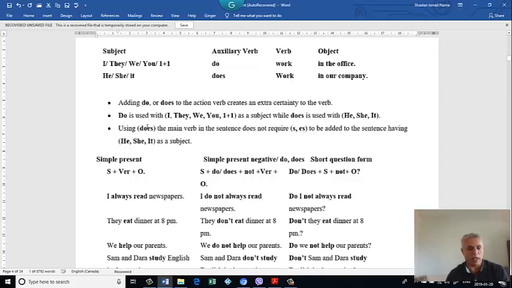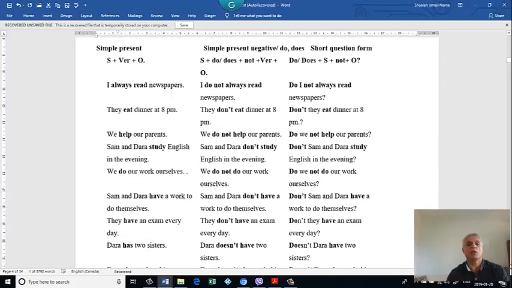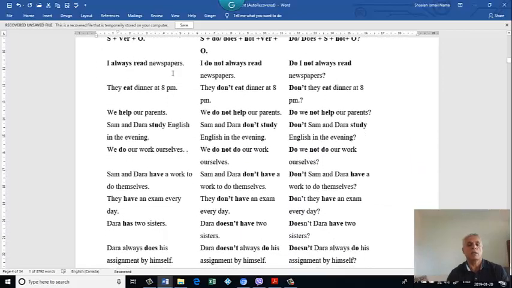If we use does as an auxiliary verb, then we don't need to add s or es to the main verb. For example, if you look here, I always read newspaper. I do not always read newspaper.